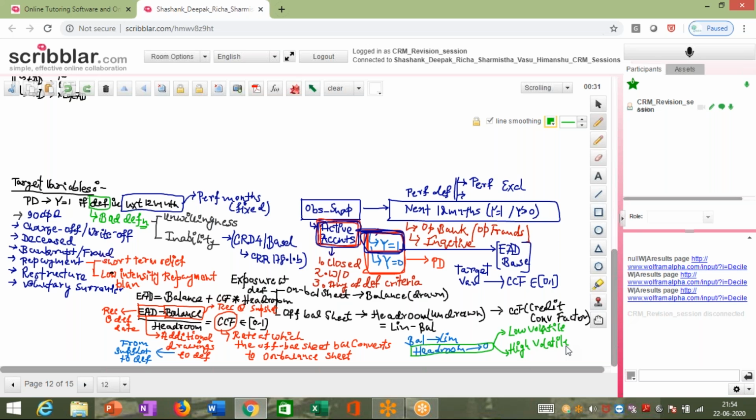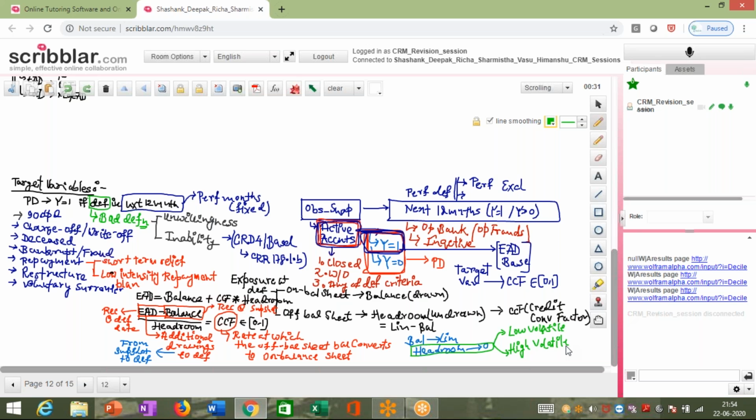So we have a low volatile customer and we have a high volatile customer. The low volatile customers over here are those customers who have sufficient headroom, for whom the EAD minus balance, or additional drawings up to default, can probably be defined with respect to the headroom balance.